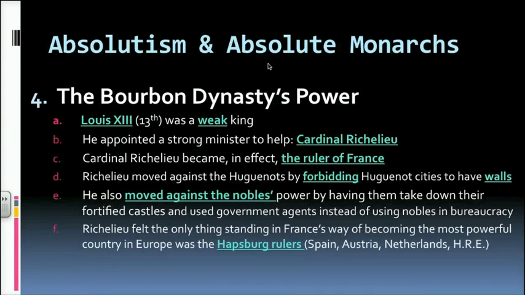Now, Richelieu felt the only thing standing in France's way of becoming the most powerful country in Europe was the Habsburg rulers. Now, we had talked about the Habsburgs briefly last unit. We looked at Charles V. They controlled Spain and Austria, the Netherlands, the Holy Roman Empire. They had colonies in the Americas. They had a lot of property, which means they had a lot of power. So there's no doubt France wants to compete with that, and Cardinal Richelieu is trying to make that happen.